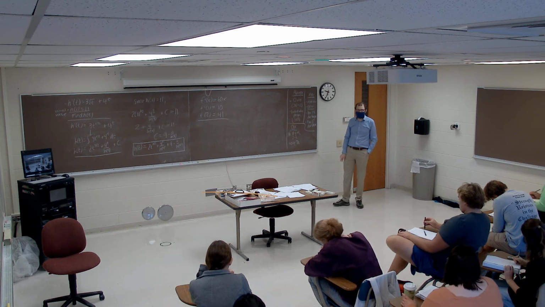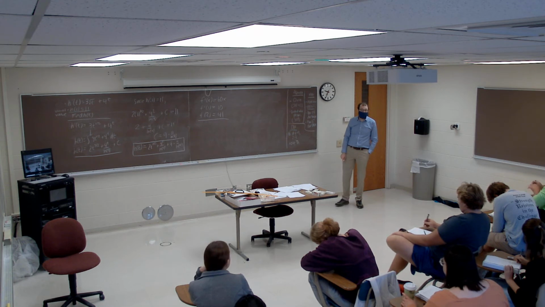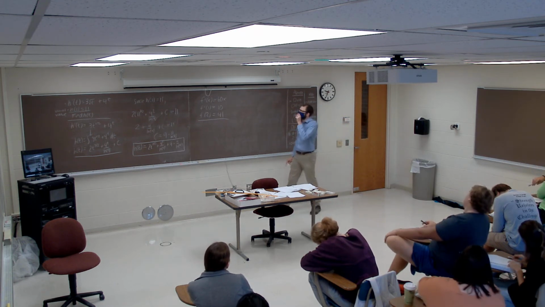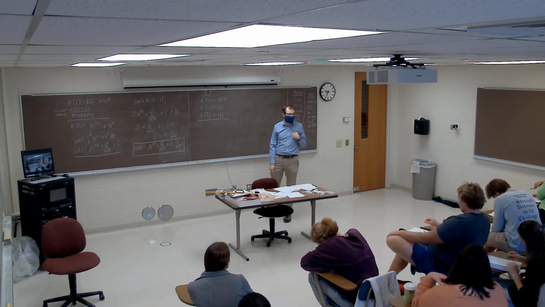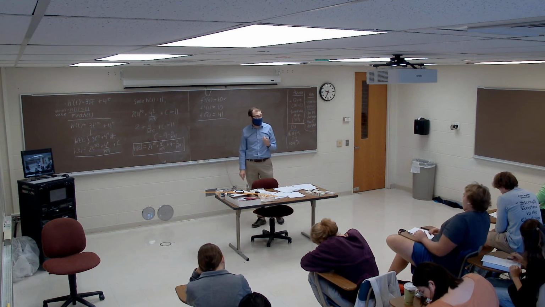Time out, Dr. Gerstle. What is this f double prime you speak of? We haven't seen this. This is going to be our first time encountering this. But when you see something like f double prime of x, what that's called is the second derivative of f of x.